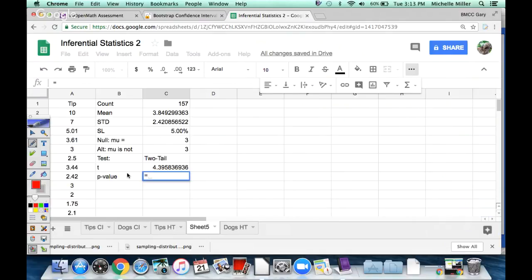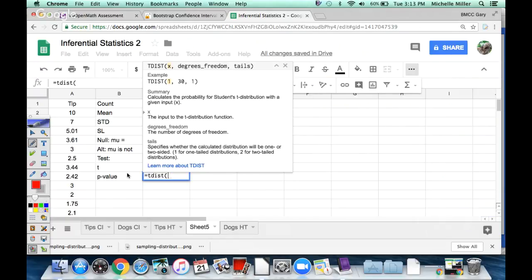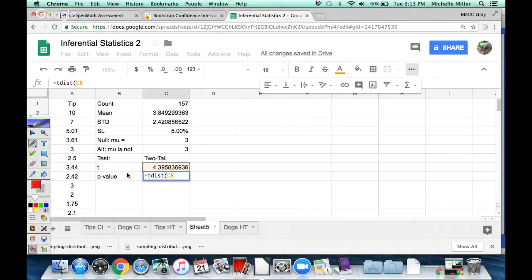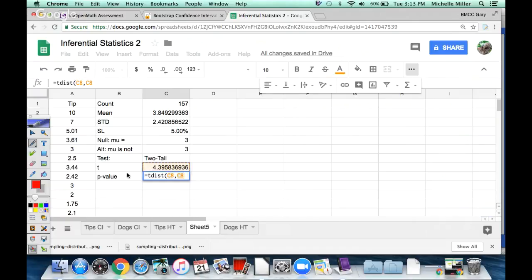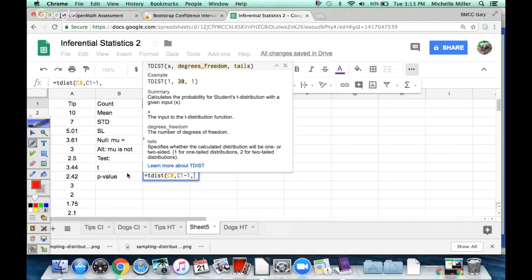For T.DIST, I need the x value, that's your t, right there, comma. Then your degrees of freedom, that's the count minus 1. And then how many tails am I calculating for?